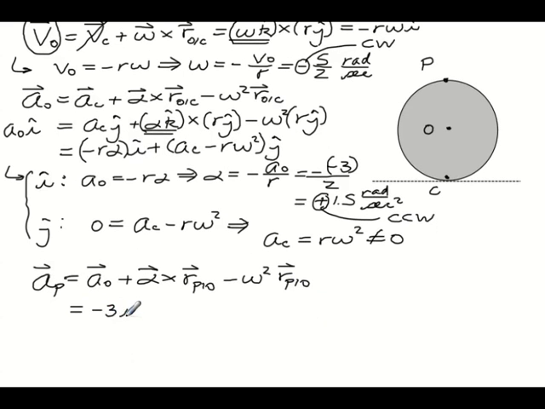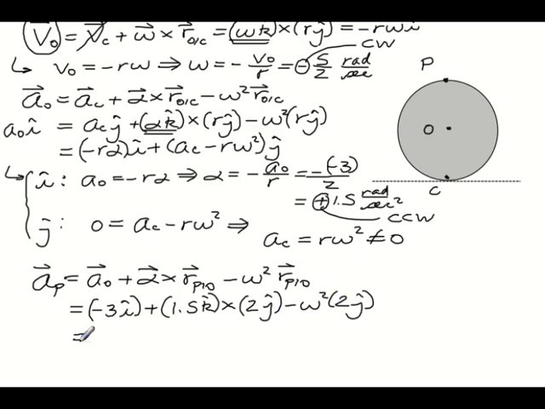That's given information. The alpha vector we saw was equal to 1.5k. The vector which goes from O to P, that's going to be in the positive j. The distance r is 2. Like that. Got omega squared 2j.